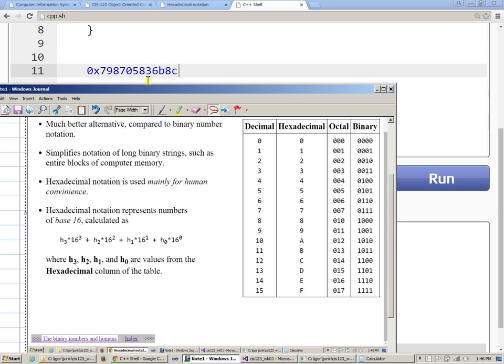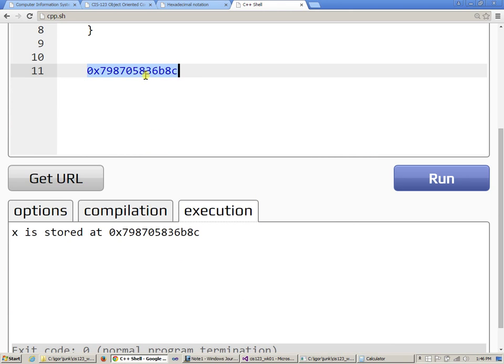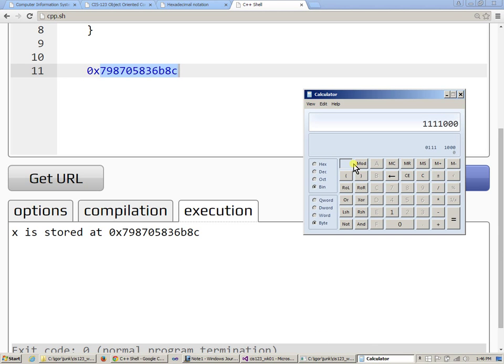And more so, if I take this quickly into my calculator, Control C, and I still have my calculator, I say clear, switch to quad word, which is the 64-bit world, switch to hex, and simply Control V, paste this in, I can convert it to a decimal number, or to a binary number, just using the calculator very quickly.